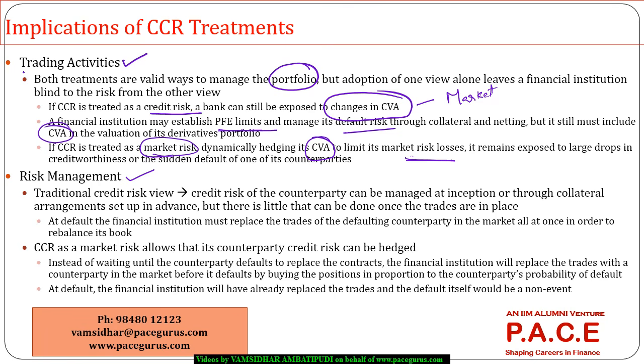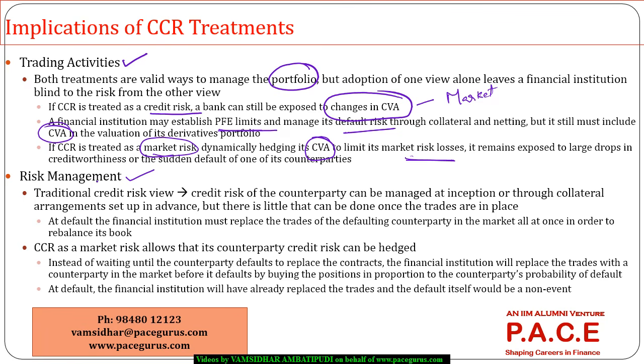Now I am trying to protect myself only against the changes in the CVA, but I did not bother much about the possibility of default of one or more counterparties. So there also my overall exposure remains in full, which is an indication that I have to take care of both. The counterparty credit risk needs to be looked at from the perspective of credit risk as well as from the perspective of market risk.